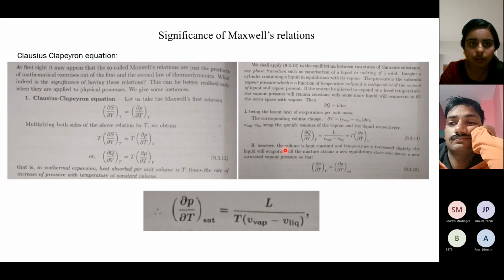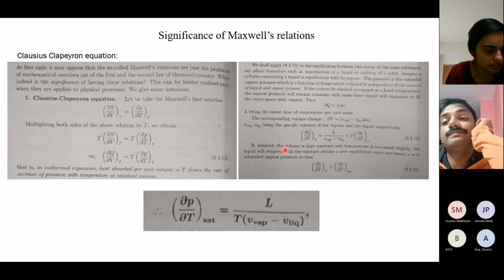Okay, so now this is another thing which I thought is worth discussing: the significance of Maxwell's relations, which manifests itself in the Clausius-Clapeyron equation. Most of you or all of you know about the Clausius-Clapeyron equation, correct?